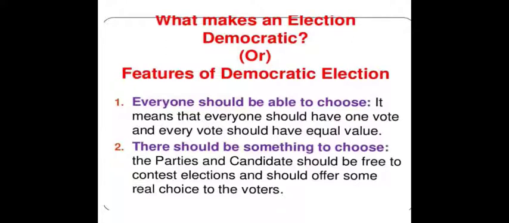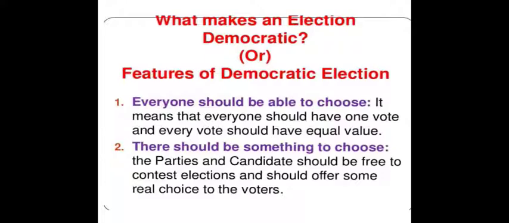Let's see what makes an election democratic, or the features of a democratic election. Children, I had explained to you in the first chapter. Do you remember about democratic and non-democratic countries and their features? Do you remember China and Pakistan call themselves democratic countries, but you may or may not be aware that the final power rested in the hands of military officers. Every big decision inside the country or foreign relation was in the hands of military officers in Pakistan.